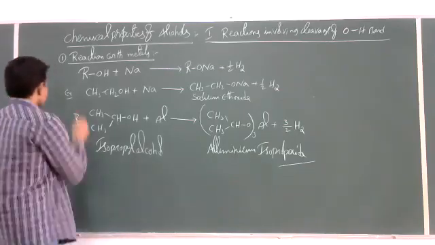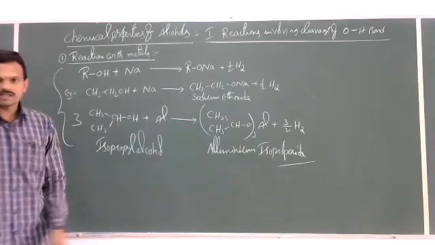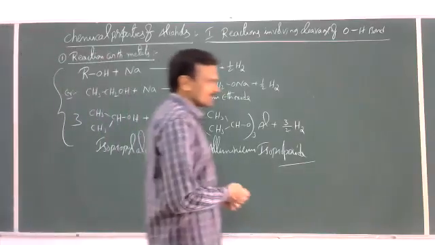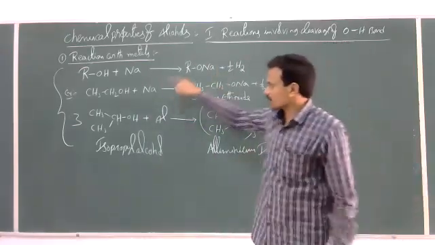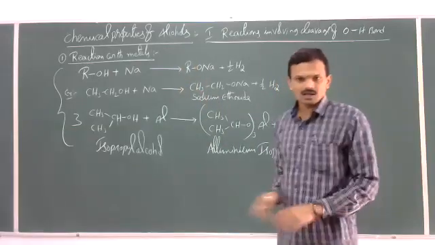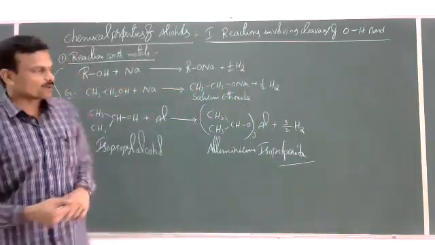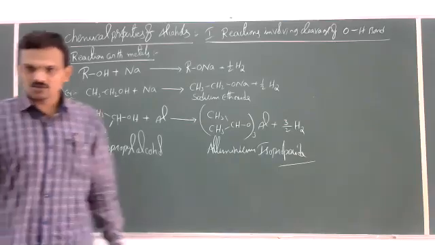So both these two examples indicate that alcohols are acidic in nature. So the reaction involving cleavage of the O-H bond with metals indicates the acidic nature of alcohol. So this is the first chemical property. From these two reactions, we conclude that alcohols are acidic in nature.